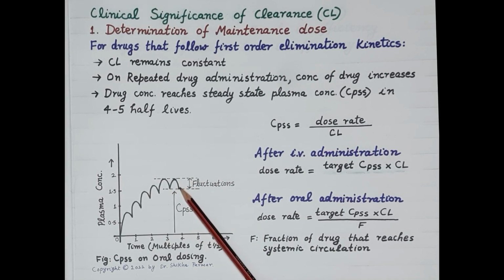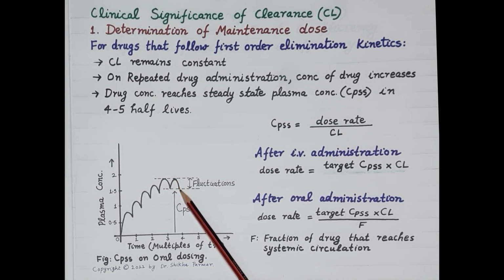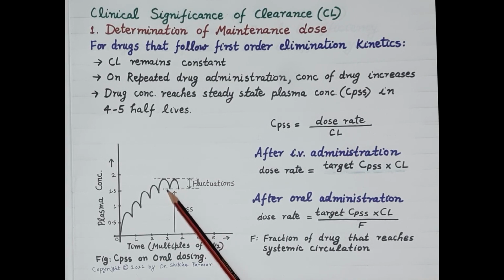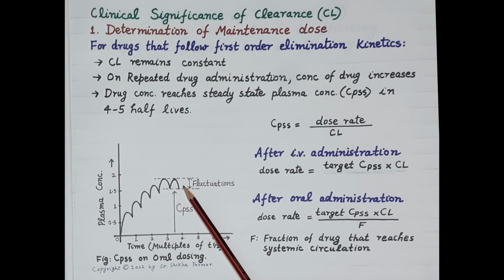Steady state plasma concentration is the concentration of drug that is achieved when the amount of drug absorbed in the plasma is equal to the amount of drug being cleared from the plasma. That is, the amount of drug entering the plasma is equal to the amount of drug being eliminated from the plasma.